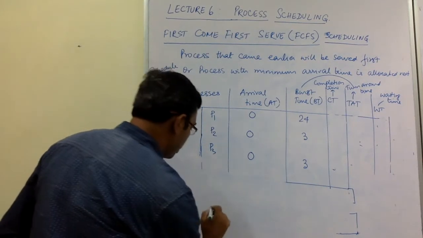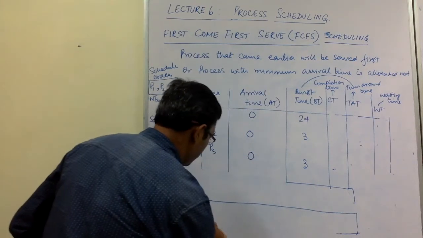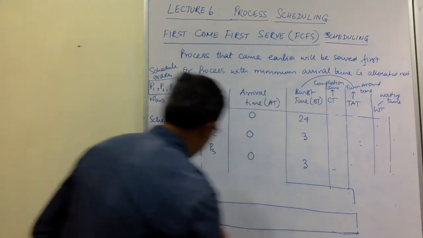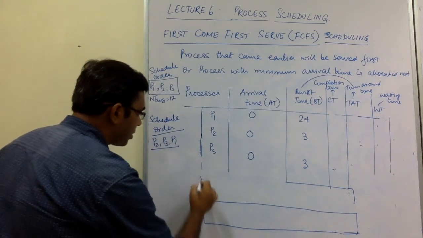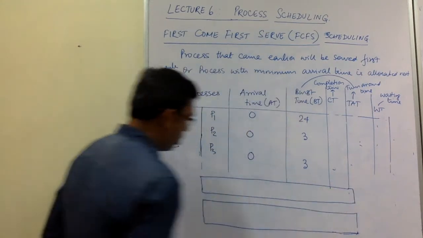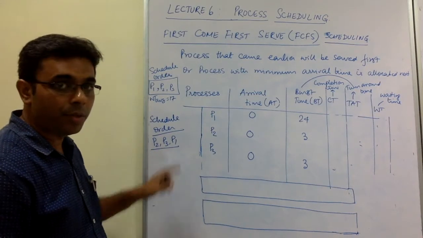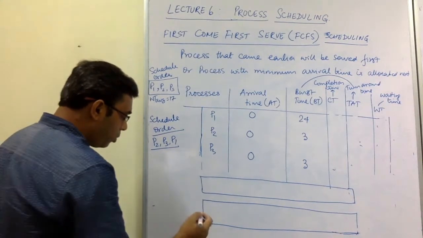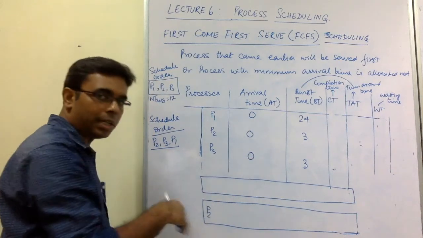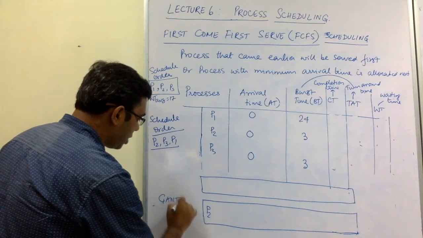This is the Gantt chart that we're going to draw, and this is the status of the ready queue. The order is P2 first, then P3, and then P1. All of them came at the same time, and P2 immediately got a chance to execute. So this is the Gantt chart we are showing.